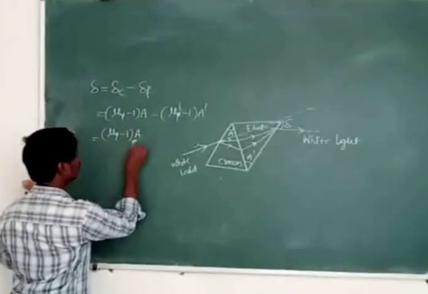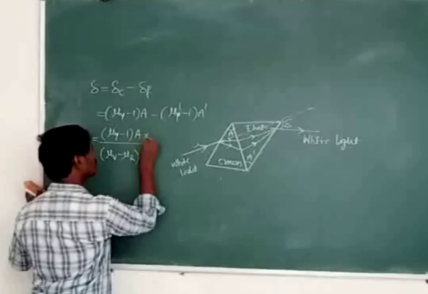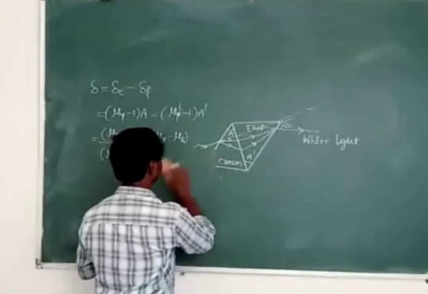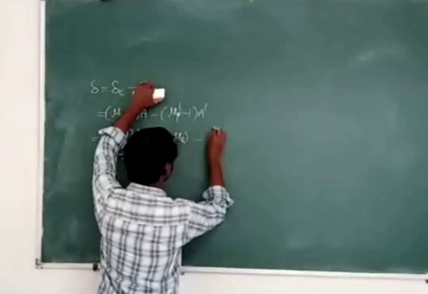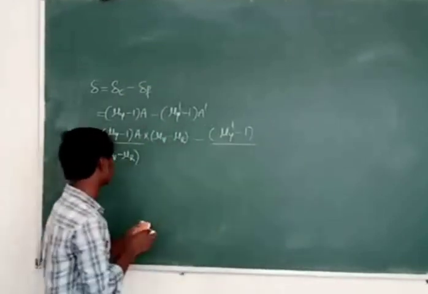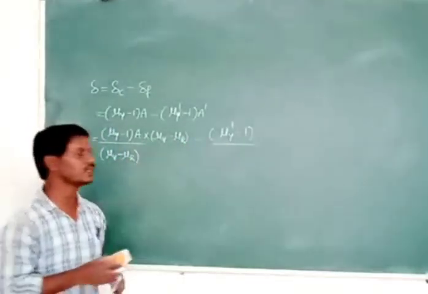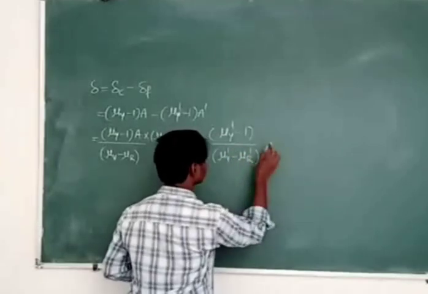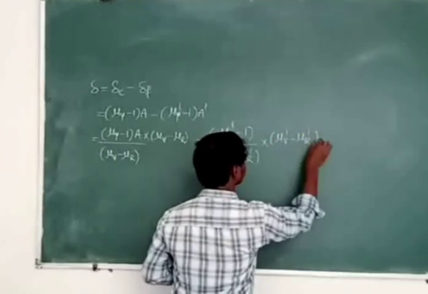Then (mu_Y − 1) into A divided by (mu_B − mu_R) into (mu_B − mu_R), minus, so what about this one? (mu_Y' − 1) divided by the angular dispersion. This is the angular dispersion due to the prism of crown glass. The angular dispersion due to the prism of flint glass is (mu_B' − mu_R') into A'.